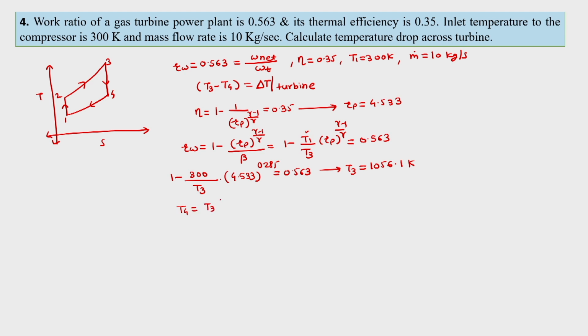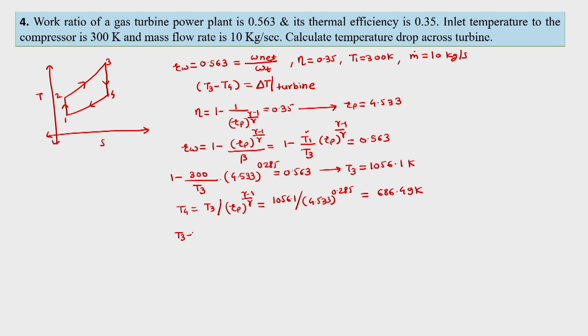Now we are supposed to find out delta T, so we need T4. T4 is equal to T3 upon Rp bracket raised to (gamma minus 1) upon gamma, so it is 1056.1 divided by 4.533 bracket raised to 0.285, which turns out to be 686.49 Kelvin.